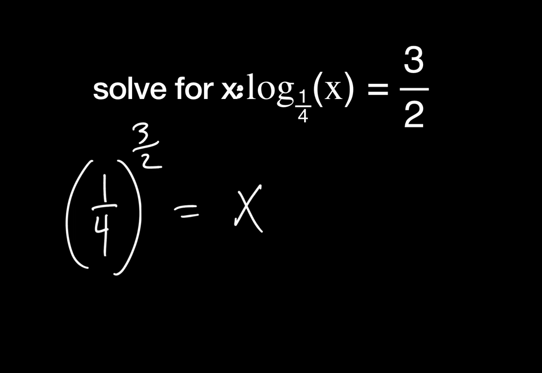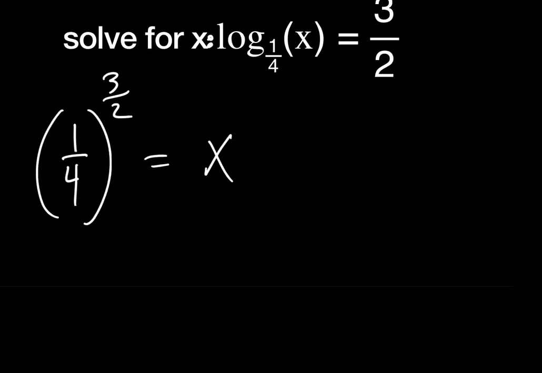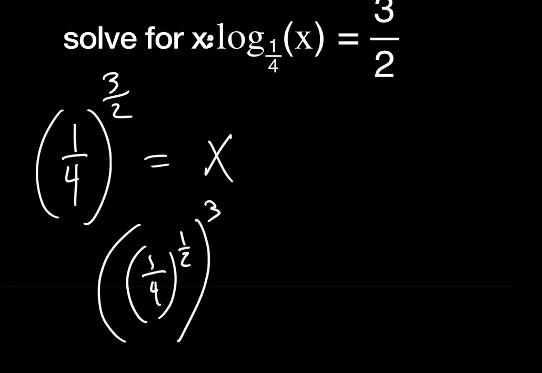A couple different ways you can go. I would go like this. 1/4 to the 1/2 to the 3. I'm splitting it way apart because when I have exponents, powers raised to powers, they multiply.